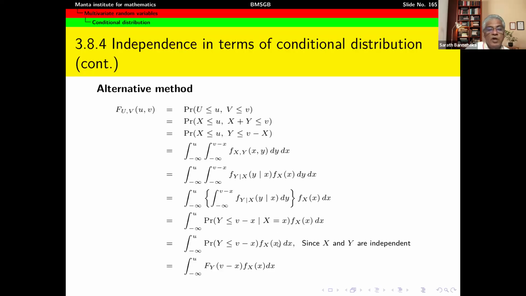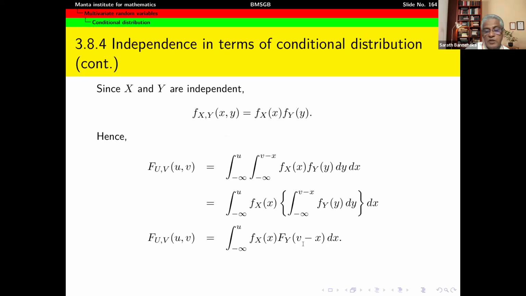Again, as previously, the conditional cumulative distribution function becomes the marginal cumulative distribution function because x and y are independent. So this is the marginal CDF of y evaluated at v minus x times the marginal density function of x, which is the same as the expression that we had here.